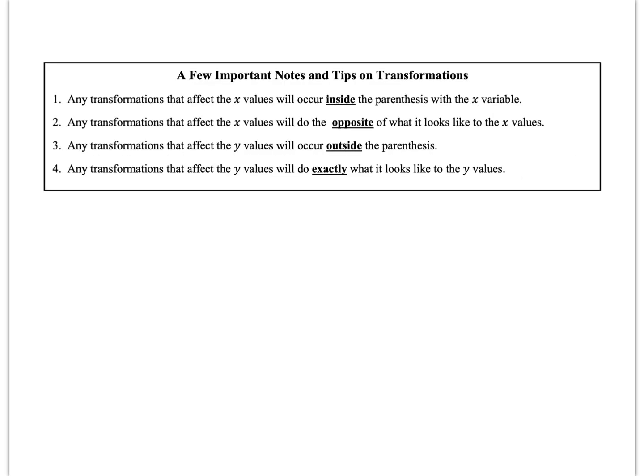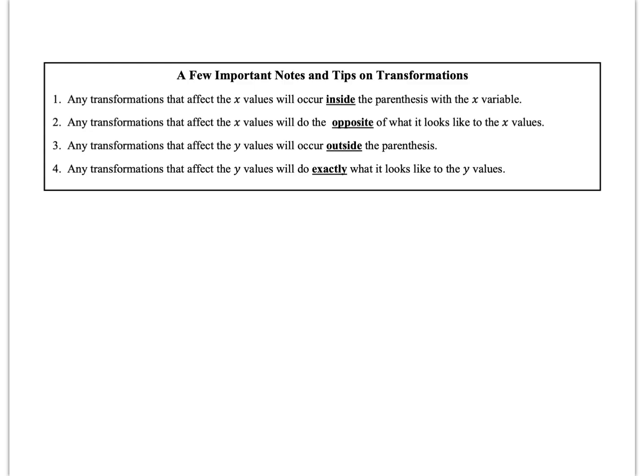This chart just has a few helpful hints and tips on transformations. Any transformation that affects the x values is always going to occur inside the parentheses with the x variable. And we saw that with the horizontal translation and with the horizontal dilation. Any transformation of the x values is going to do the opposite of what it looks like to the x values.